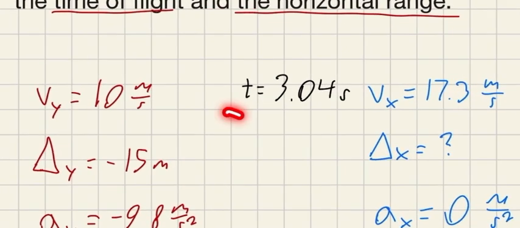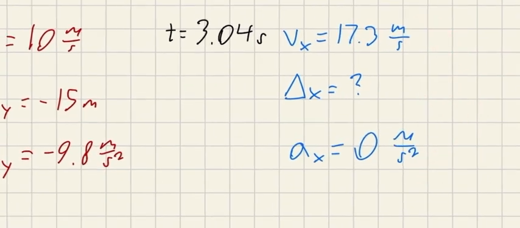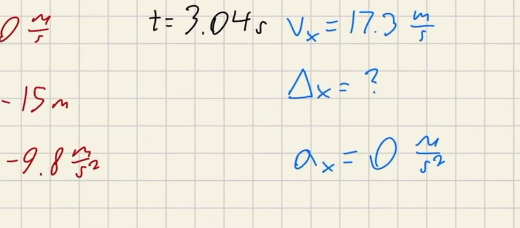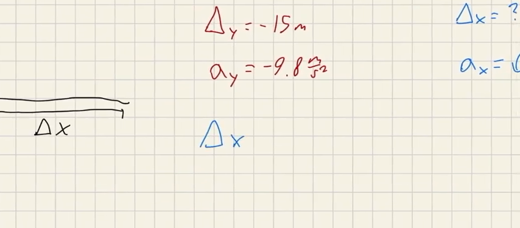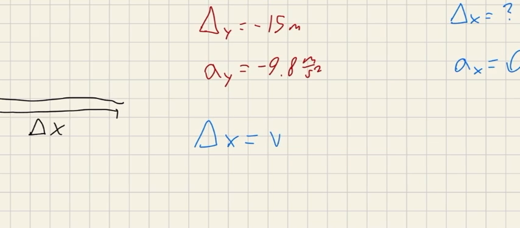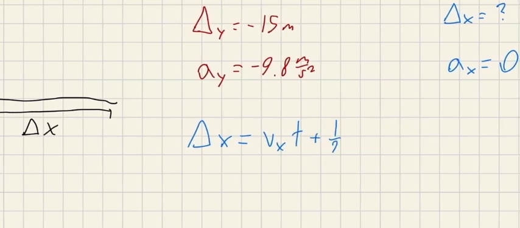Now that we've solved for time, we can use it along with these variables to solve for delta x. The equation for displacement is still delta x equals velocity in the x direction times time plus 1/2 acceleration in the x direction times time squared.